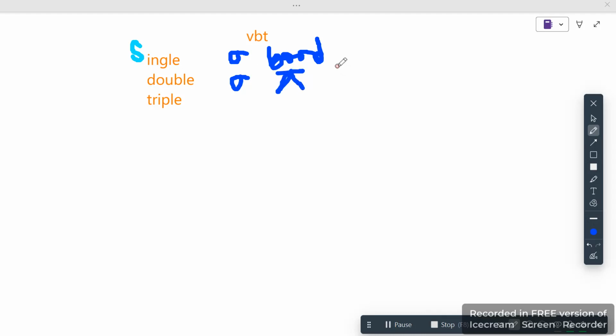Okay, how will it be represented? If this is a single bond, this means it is single. But if these are double, the upper one would be sigma, the second will be pi.